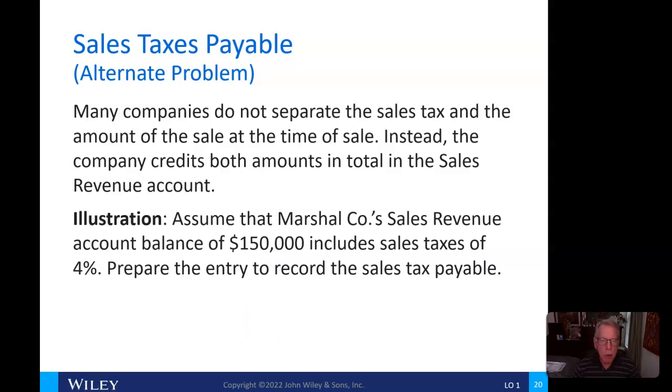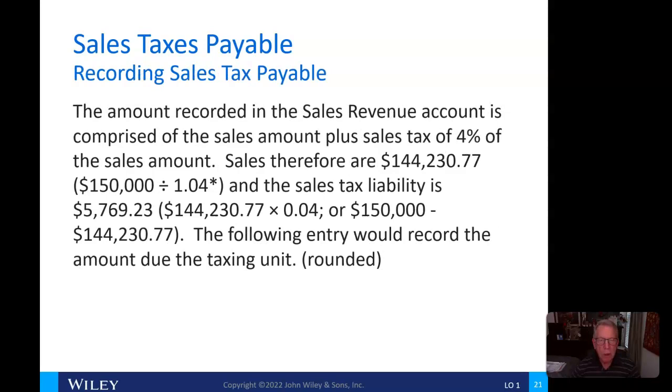Prepare the entry to record the sales tax payable. So how we would do that is to take the $150,000 and divide it by 1.04, right? And that would come out to 144,230.77. That's our sales. The difference of 5,769.23 is the sales tax liability.